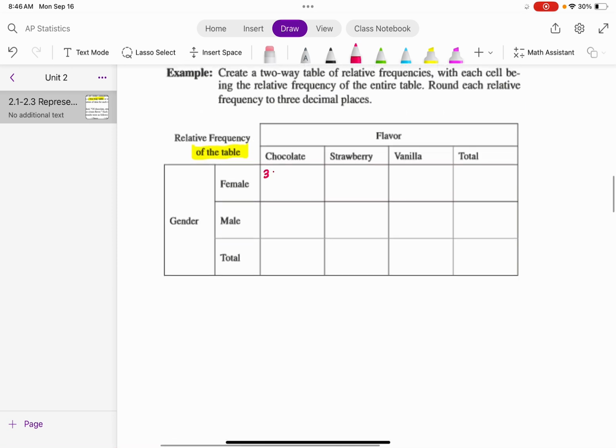So we're going to have 3 out of 12 females like chocolate, 1 out of 12 males, 4 out of 12 like chocolate, 1 out of 12 like strawberry, 1 out of 12 males like strawberry, 2 out of 12 here.